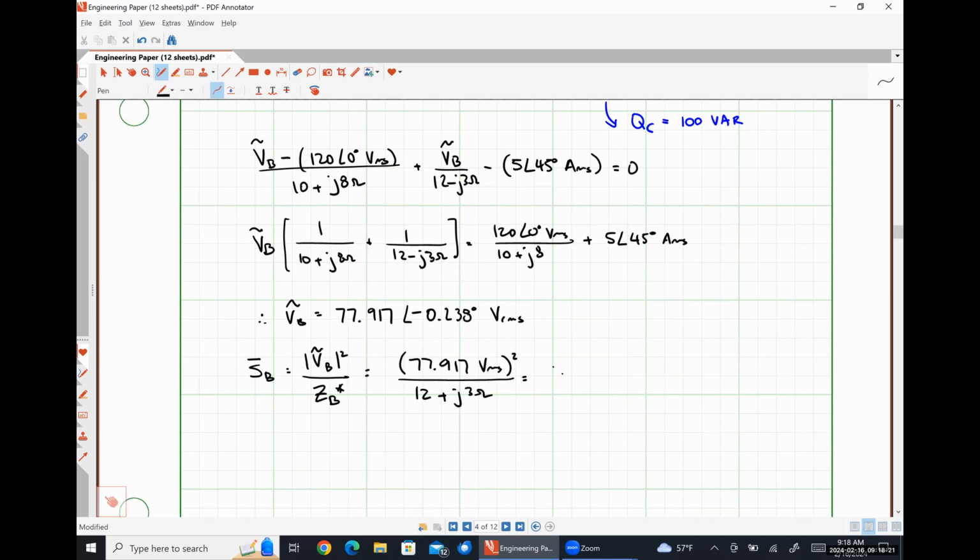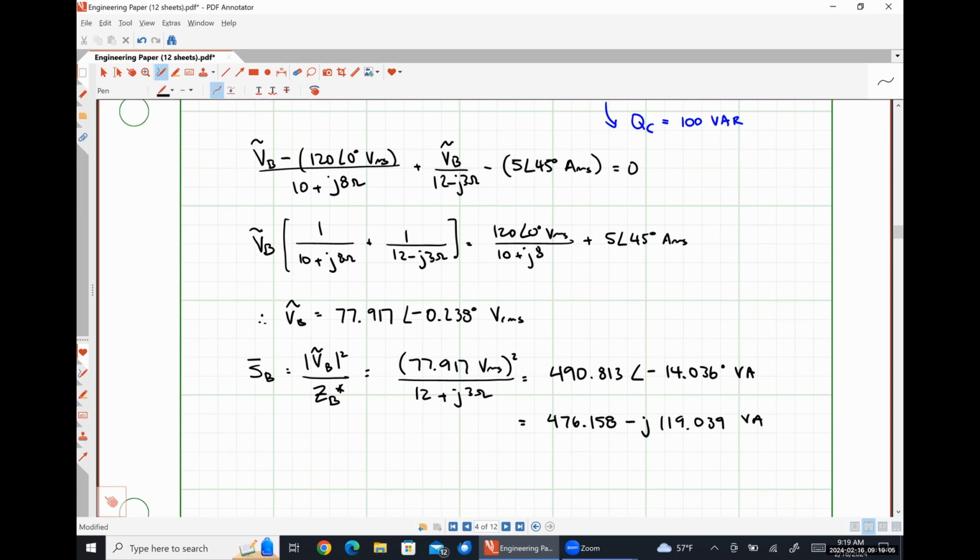And I got 490.813 with an angle of negative 14.036 degrees volt ampere in polar form, and 476.158 minus J119.039 volt ampere in rectangular form.